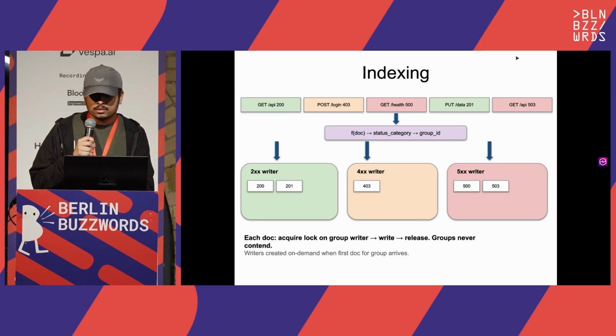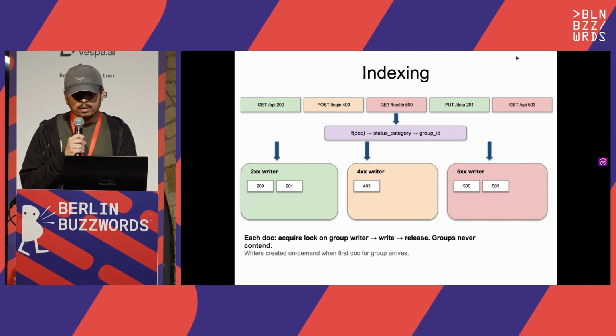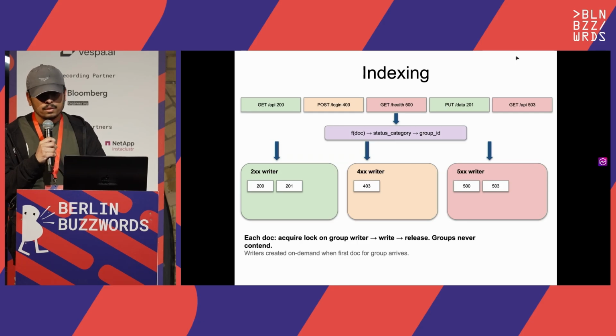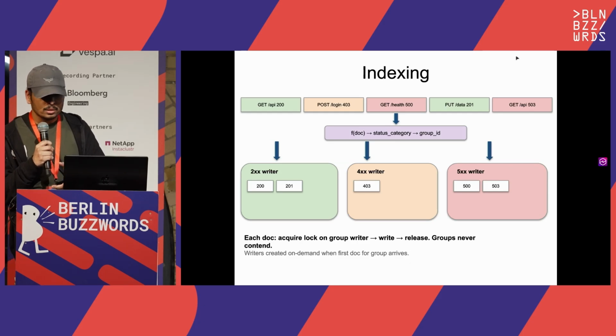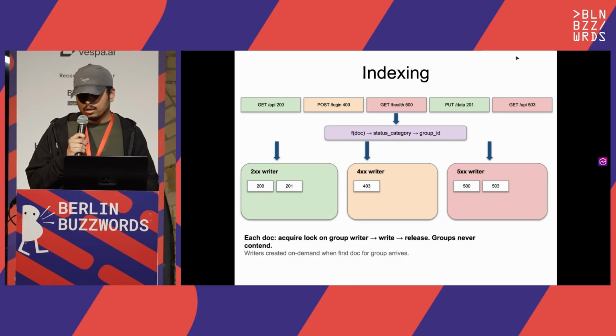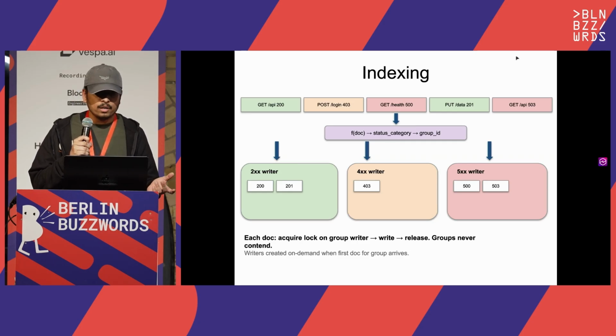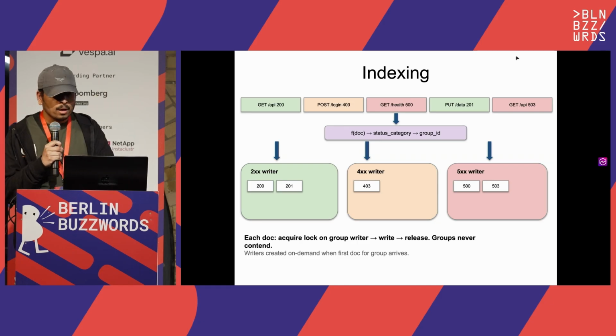Similarly, there are some 5xx logs as well. The grouping criteria function that we have defined for this index evaluates documents by their status code. So 200 and 201 status code logs will be evaluated to grouping criteria 2xx. Similarly, 403 resolves to 4xx, and 503 and 500 will resolve to 5xx.